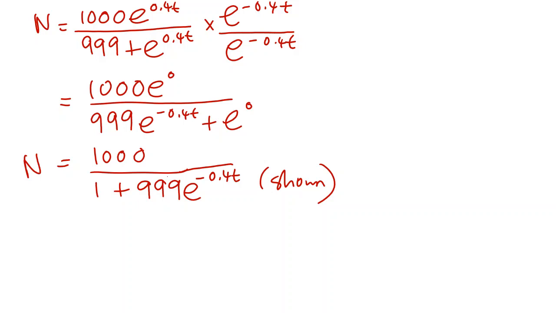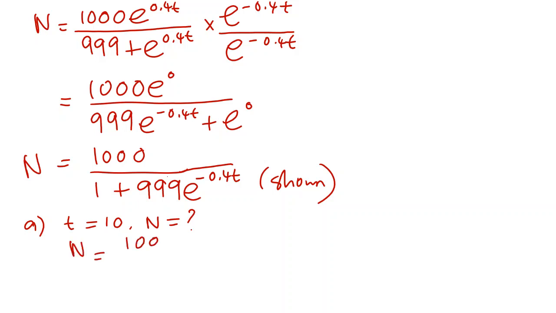Okay, now let's look at the next question. Question A: how many people have contracted influenza after 10 days? After 10 days means t equals 10. So when t equals 10, what is the value of n? You substitute t equals 10.